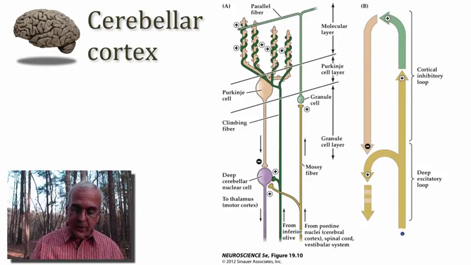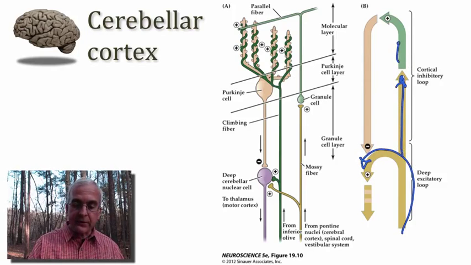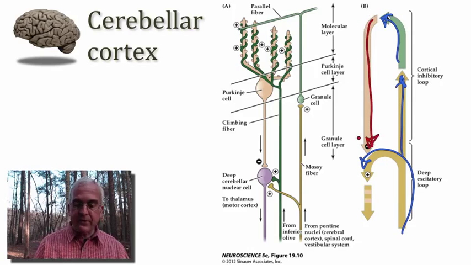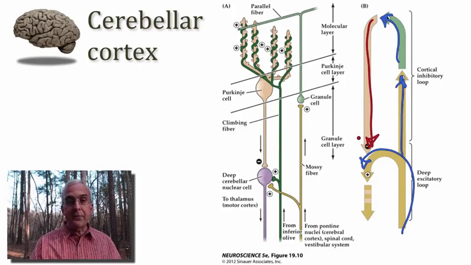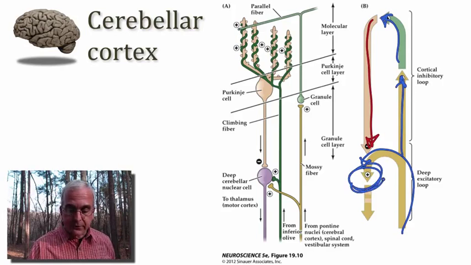There is excitatory input that comes into the deep cerebellar nucleus, and meanwhile there is a transformation of that excitatory input into an inhibitory signal that can then modulate the output of that excitatory neuron from the deep cerebellar nucleus. And as we'll emphasize, the output from the cerebellum really comes from this deep nucleus.